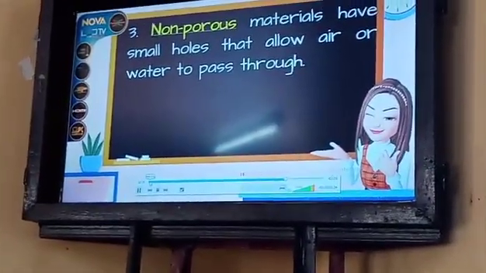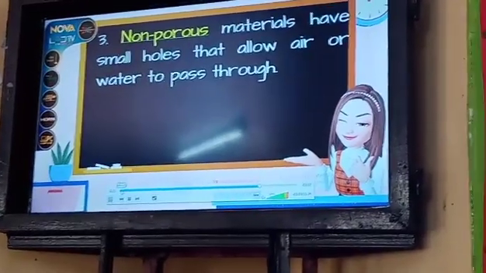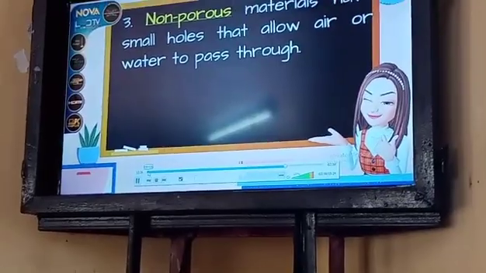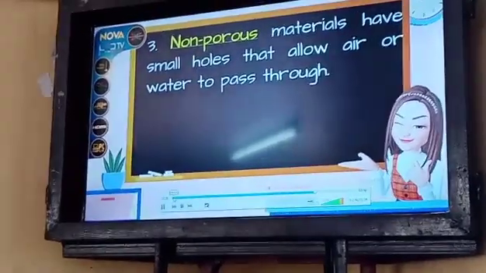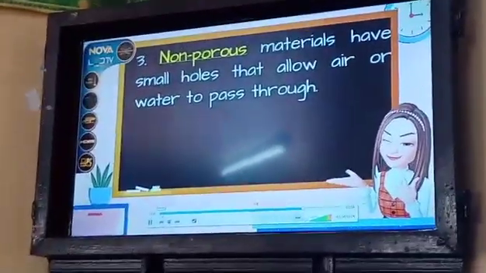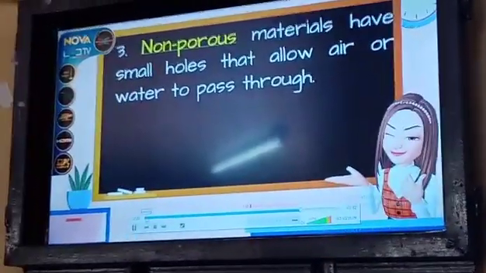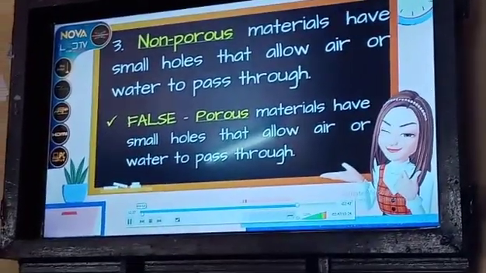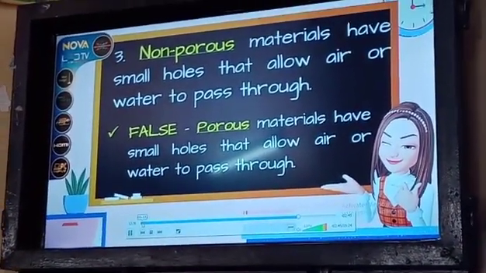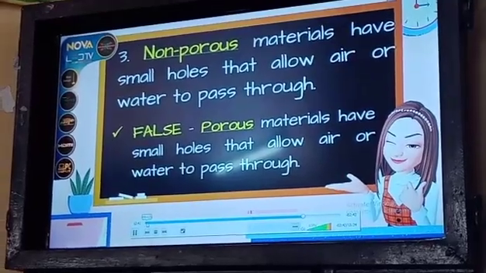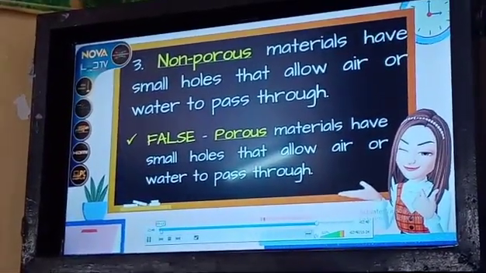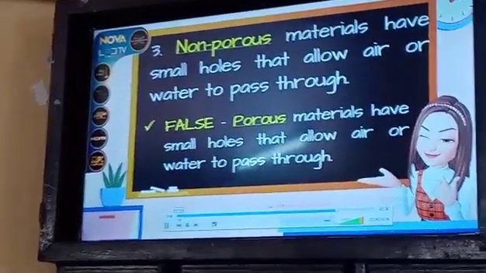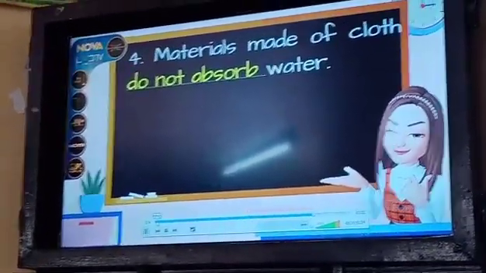So number 3, non-porous materials have small holes that allow air or water to pass through. So what would be your answer? The answer is false. Porous materials have small holes that allow air or water to pass through. So it's not non-porous. Number 4.